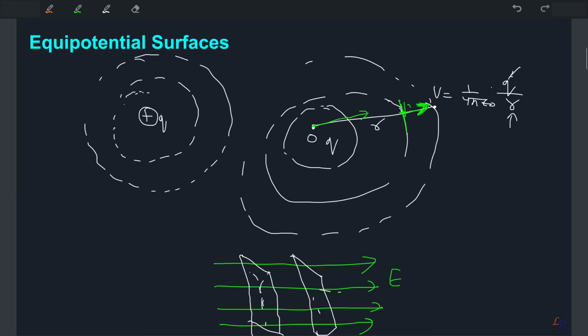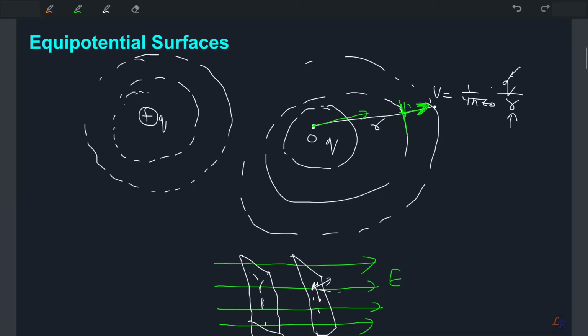For proving it, let's consider that it is not perpendicular. If the electric field is not perpendicular at the equipotential surface, it would mean that there is a net electric field along the surface. It means if you move a charge on this plane from one place to another, work has to be done by an external force. And if work is done, then it will be stored as potential energy.